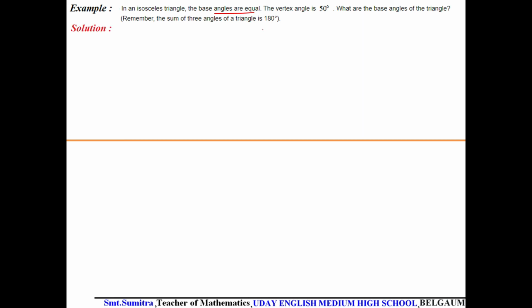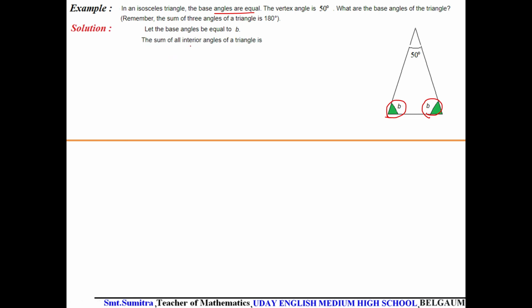Let the base angles be equal to B. So this is the base angle I have marked here in an isosceles triangle. Sum of all interior angles is 180 degree. We have to add the interior angles.